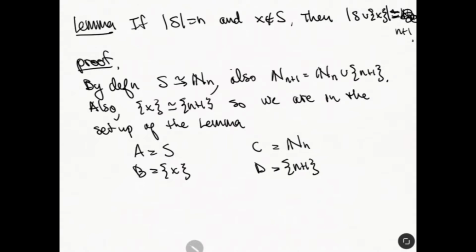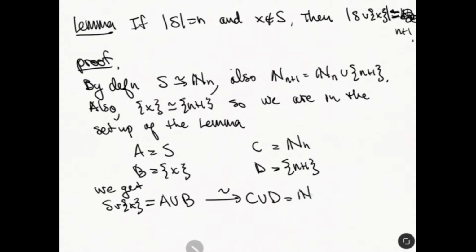So the bijection between those two things is obvious. So then we have A union B, so we get a bijection. A union B is S union the single element x, and this goes to C union D. This is a bijection, and this is n union n plus 1, and this is this set here.